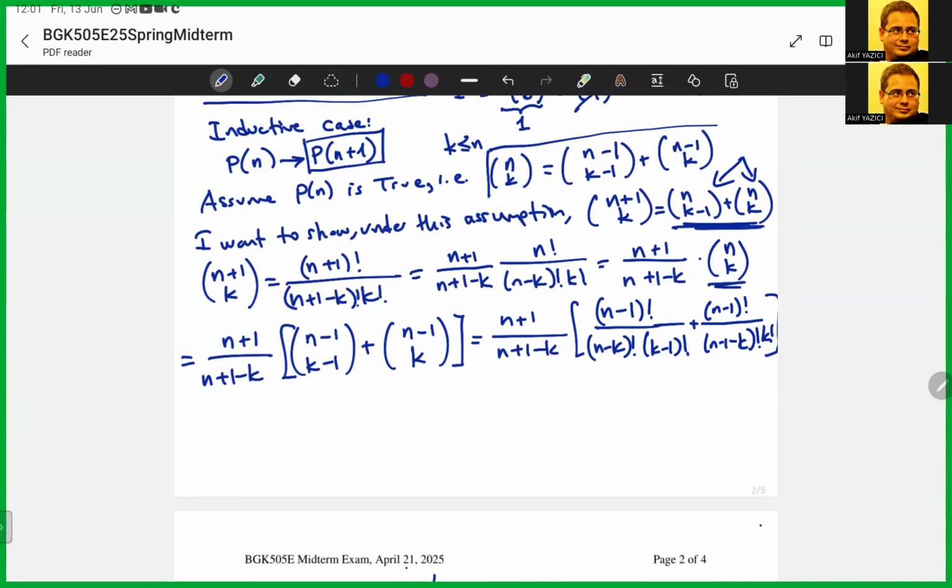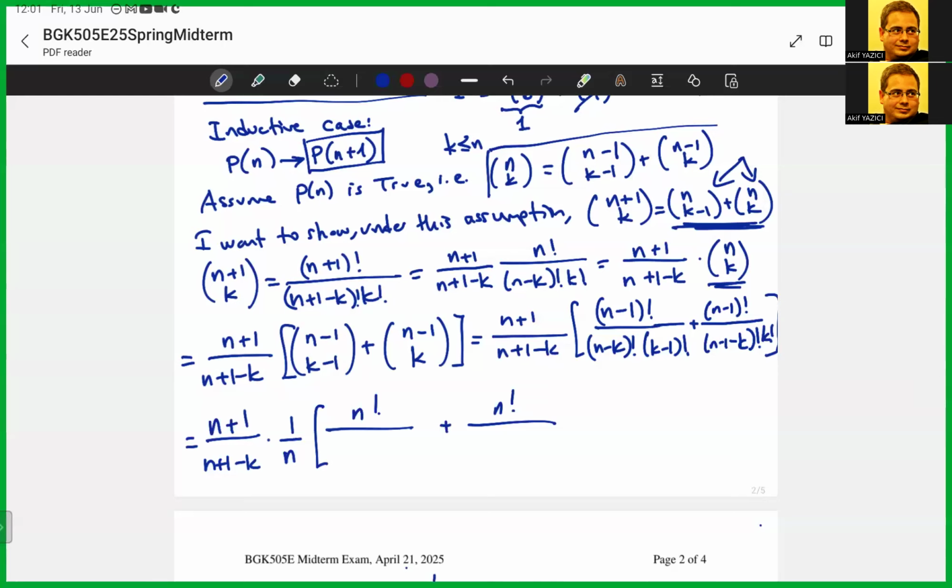And inspecting what I have, I have n minus 1 factorial in the numerators, so I would like n's. So let me put this here, n plus 1 minus k, and for both of them, I would like a multiplier of n. So let me divide this by n and make this n factorial, also this n factorial, because that's what I want in both of the terms.